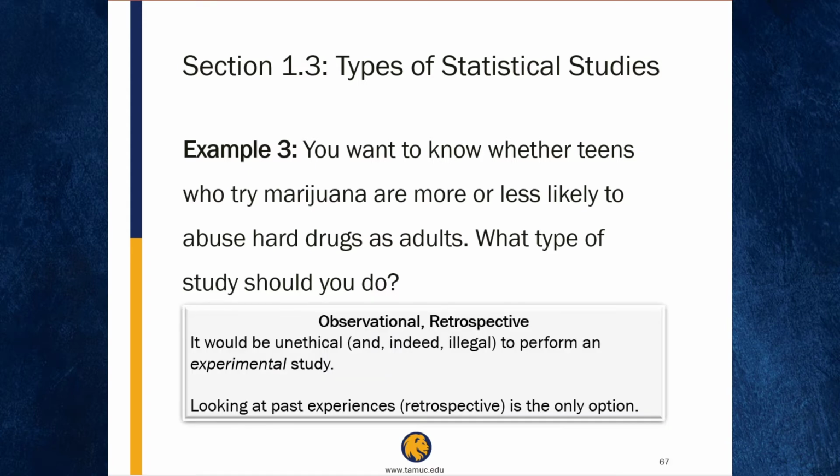Well, in this case, an observational retrospective study would be the most appropriate because it would be unethical and really illegal to perform an experimental study where we actually were to use the drug and then observe things after that. So we have to perform a strictly observational study, looking at past experiences, so it would be retrospective. That's really our only option here.